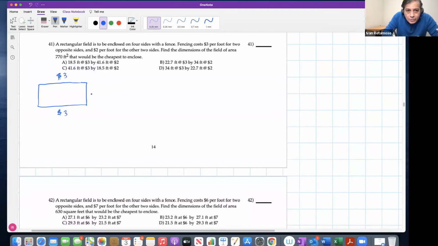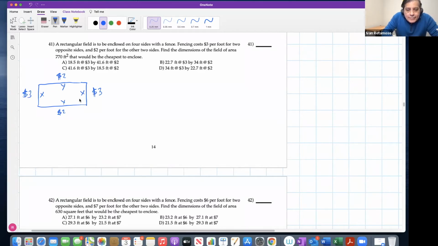And the shortest side, it would make sense. Actually it's the opposite. On the shortest side, I should think of using the most expensive material, and on the longest side, I should use the cheapest material. This makes sense. Now call this X, X, this Y, Y.